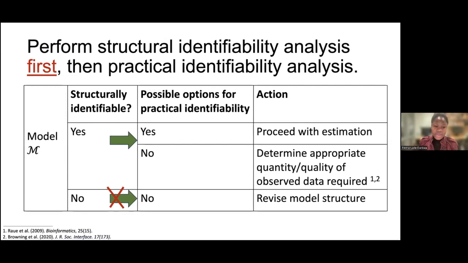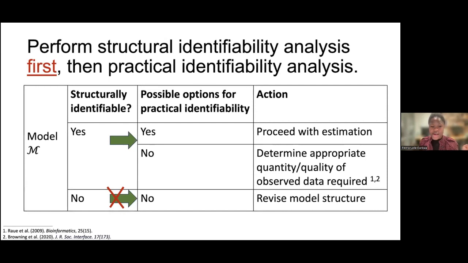And it has been advised that if one skips structural identifiability analysis and tests for practical identifiability, there are two dangers involved. And that's why there's just the cross sign that's saying, don't do this. If it's not structurally identifiable, don't test for practical identifiability. And surely, please don't proceed with estimation.